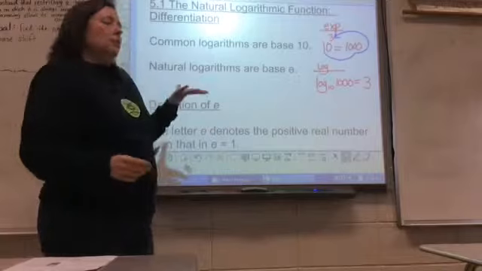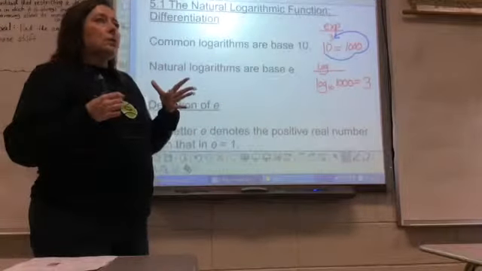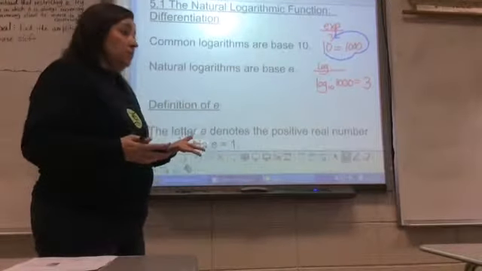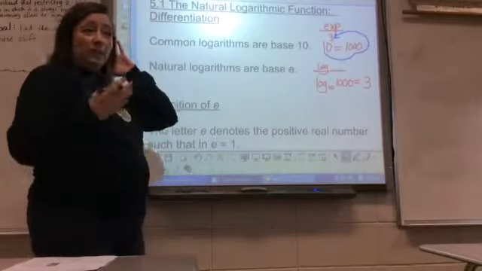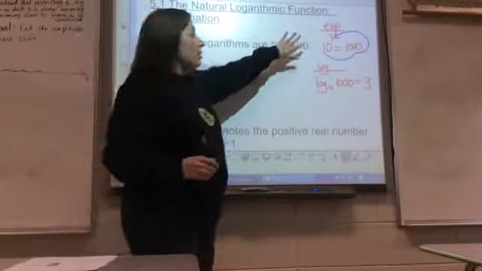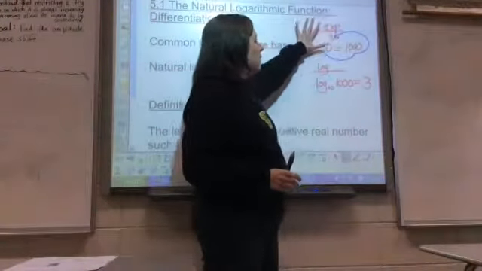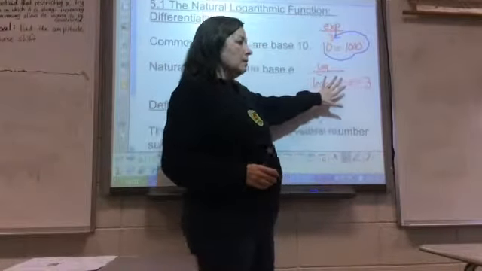I don't know why, but most people don't. Logs are the opposite of exponents. They're very connected. So if you're good with exponent rules, logs kind of go with that. If I'm looking at it in exponent form, the inverse of it is going to be like this.